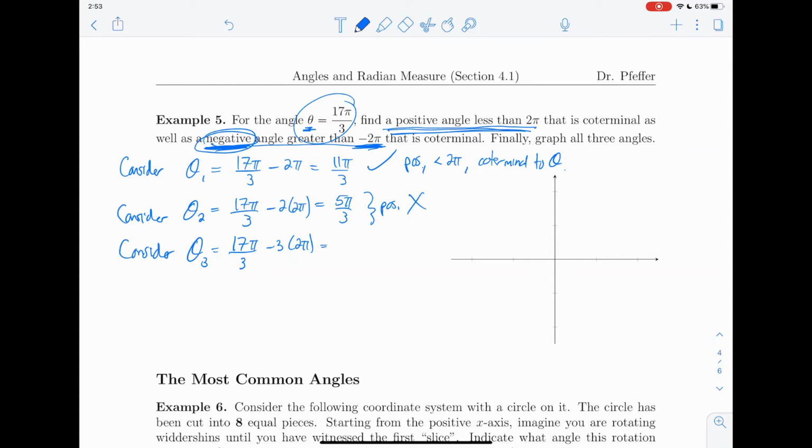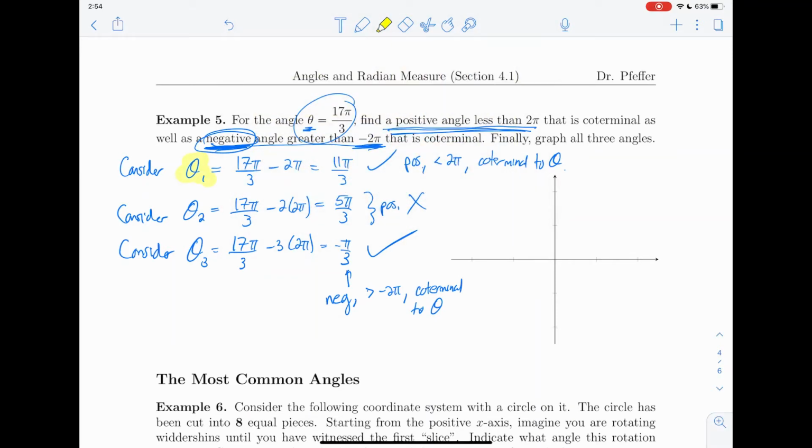When we do that, we'll get negative pi over 3. So this number is negative, but also greater than negative 2 pi, and it is coterminal to theta. So that hits all the boxes. So indeed, what we found is two angles. One is theta 1.